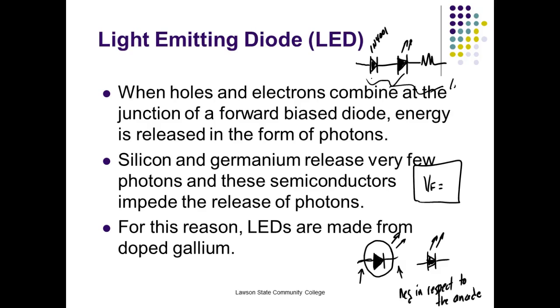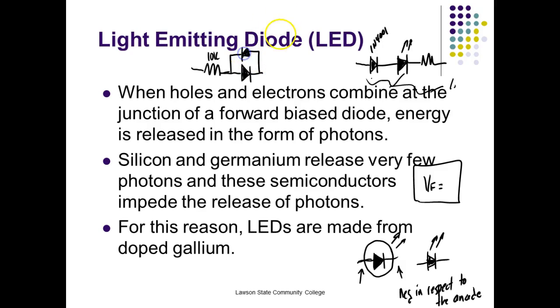If you're going to run these things in an AC circuit, then normally we have a pretty good sized resistor. I'll come up here and show you how to do that in a minute. Then I would put my LED like this, and then I would put a regular diode opposite, like this.